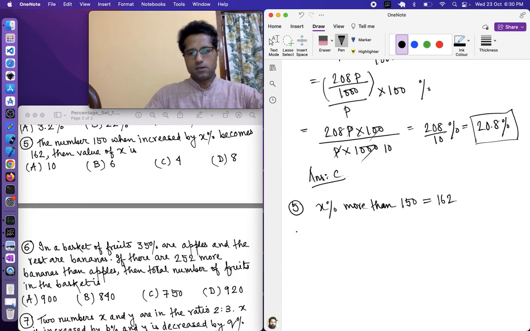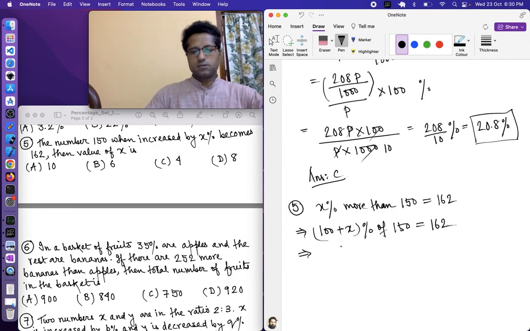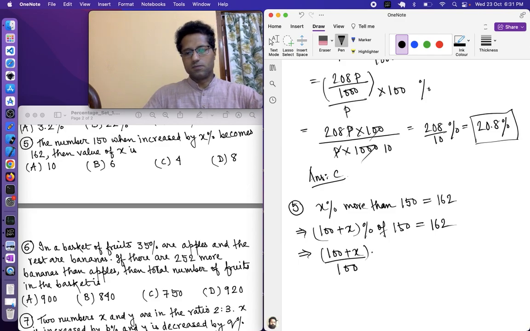So x% more than 150 means 100 plus x% of 150 is equal to 162. Now 100 plus x% means 100 plus x divided by 100, and the of operator means multiplication, so we have that multiplied by 150, which is equal to 162. Now we got a linear equation in x.